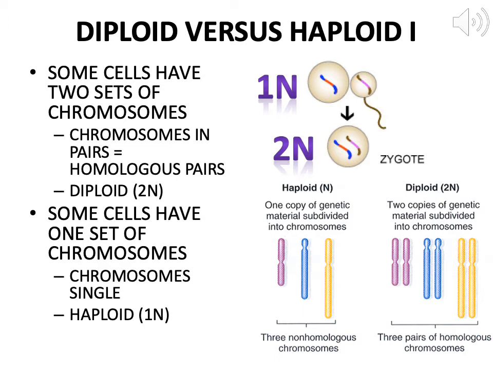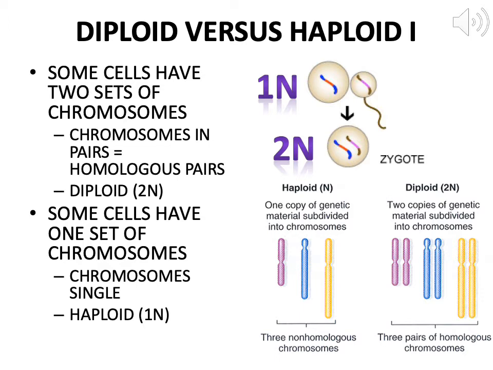Hence, at the top of the illustration, you'll see an egg cell and a sperm cell, and the result is the brand new diploid cell called a zygote, which ultimately would divide to form you or me. Now, some cells have only one set of chromosomes, and those would be those sex cells that are illustrated above. The chromosomes occur singly, and the cell is designated as 1N.